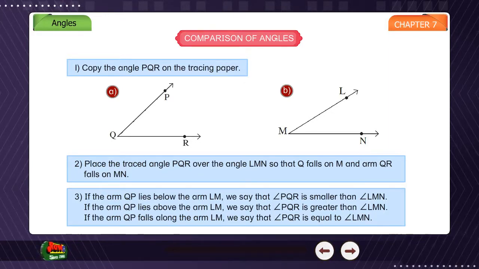If the arm QP lies above the arm LM, we say that angle PQR is greater than angle LMN. If the arm QP falls along the arm LM, we say that angle PQR is equal to angle LMN.